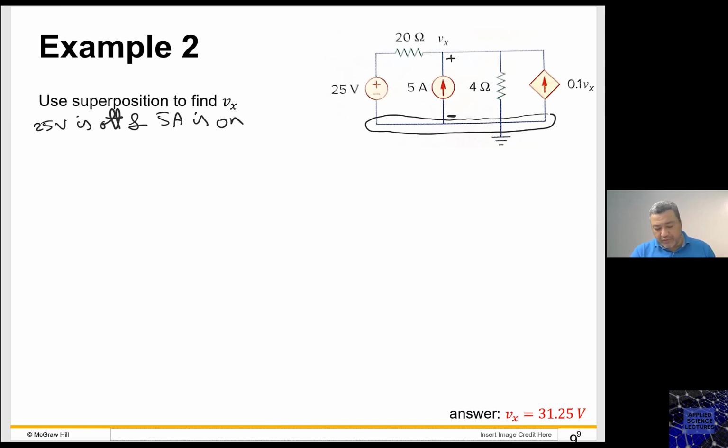Again, switching off an independent voltage source means that we replace it with a piece of wire. Redraw the circuit. So I have here 20, current source, wire, 20.